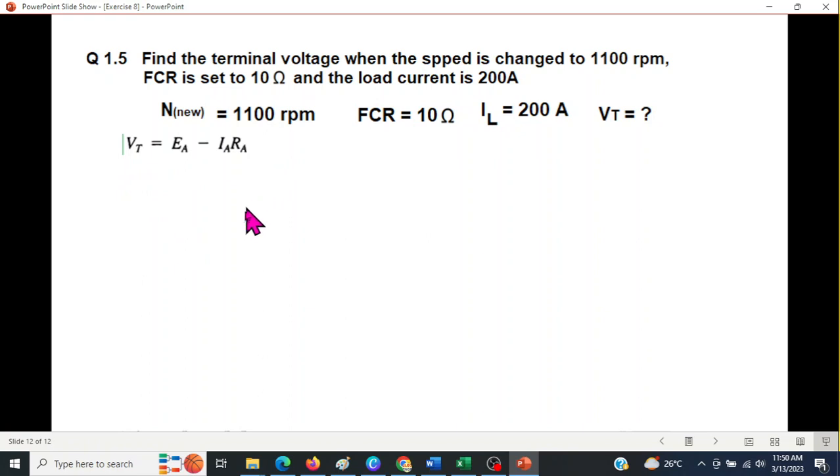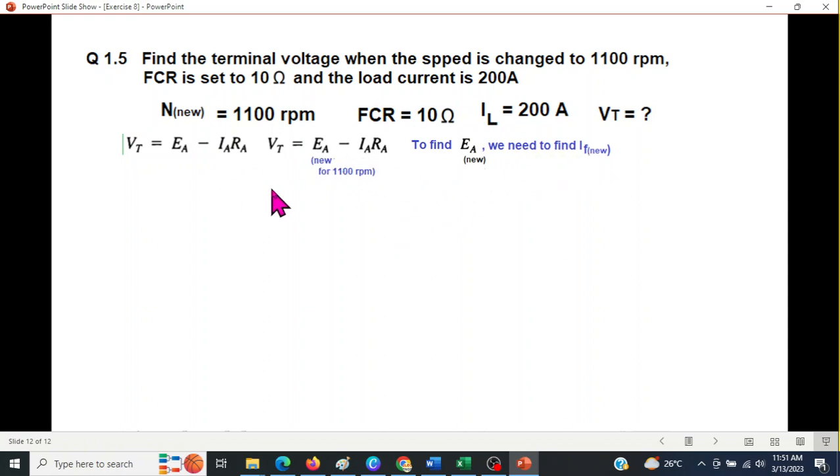Okay, same formula. Now this is new EA for 1100 RPM. Remember, the OCC graph will be different for every RPM. So at this RPM, we have to find this value. To find EA new, we need to find IF new.